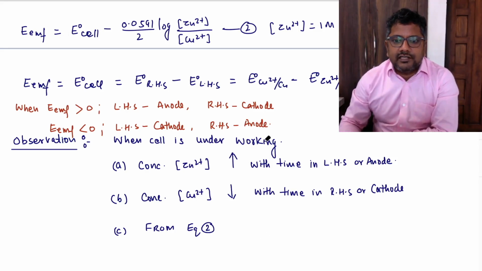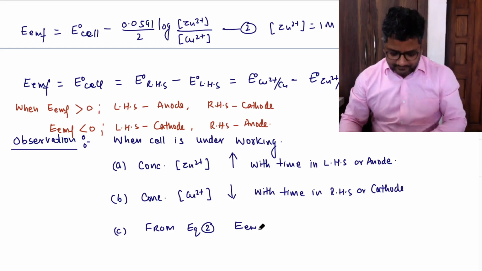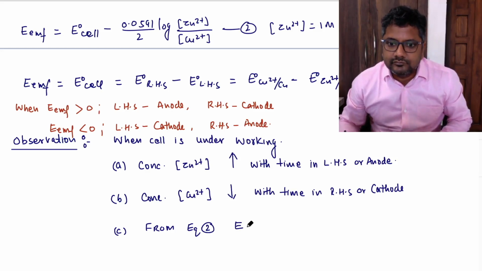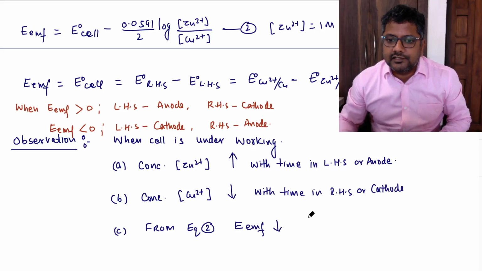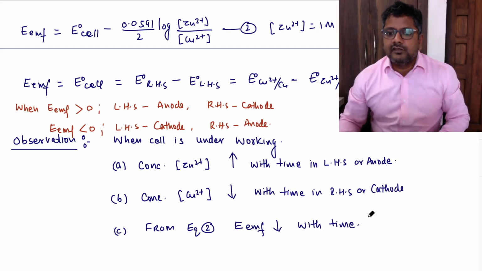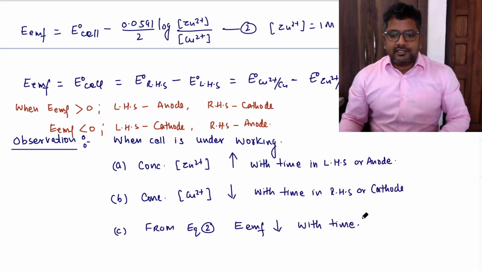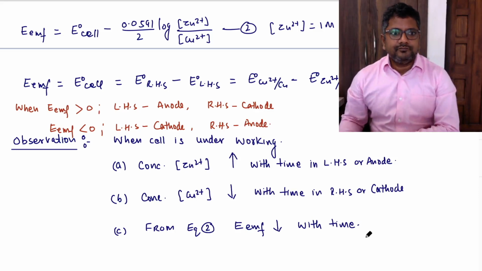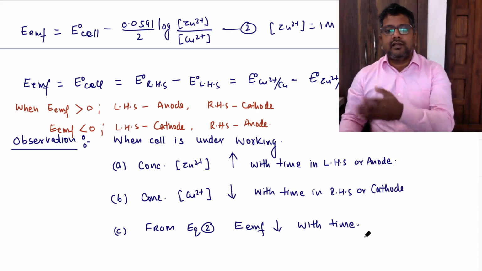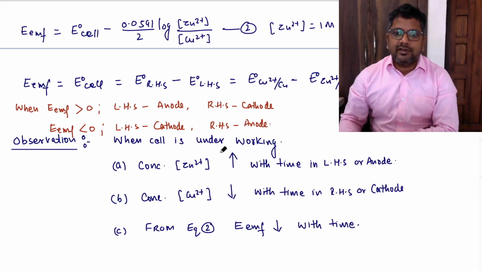So when the cell is under working, you can say EMF decreases with time. Right? EMF of the cell will decrease with time. And finally it becomes zero when this becomes the maximum value.